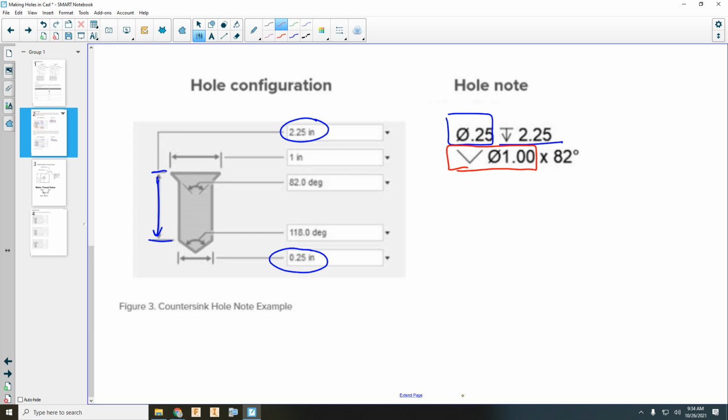There is no countersink depth because it's going to be determined by the angle. So all you're going to give is an overall diameter, and then the angle determines how deep it is, because it's going to drill deep enough to hit that diameter, and hopefully it's enough to be flush below the surface.